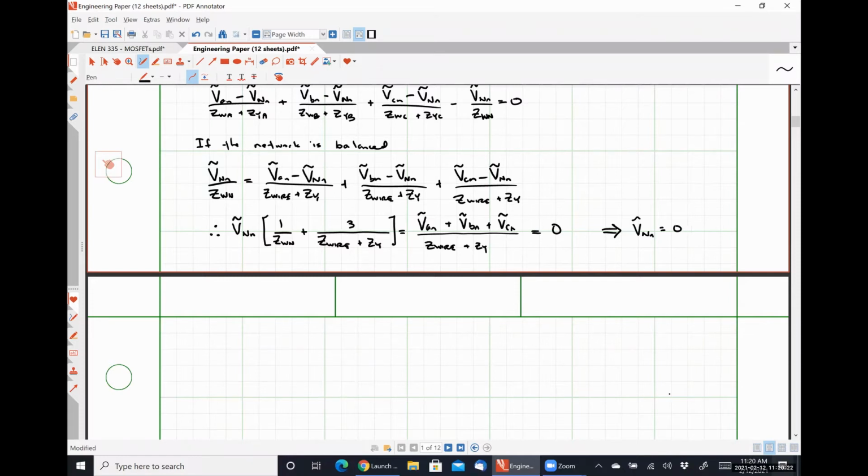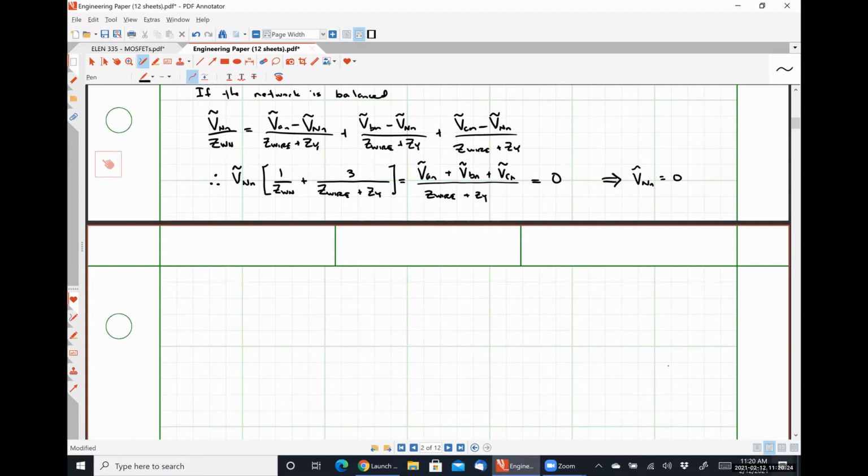All right, so using this information, what's the current through my neutral conductor?